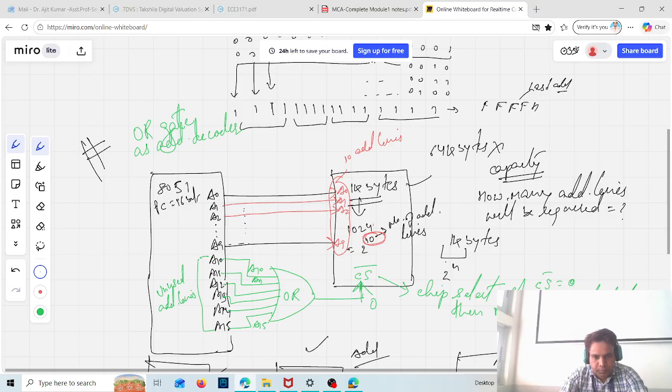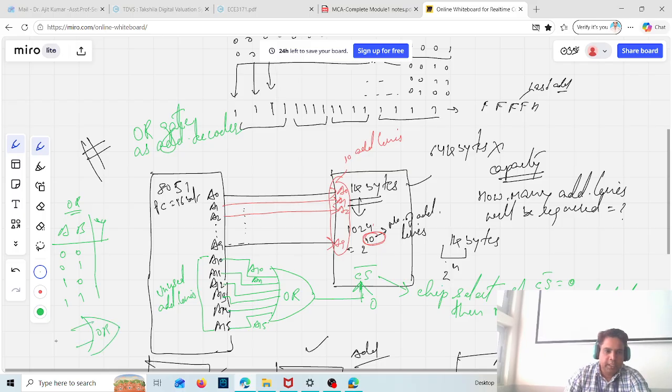Now, you know the logic of an OR gate. Suppose A and B are the inputs and Y is the output, with 0 0, 0 1, 1 0, 1 1 as the input combinations. If all the inputs are 0, the output is 0. If any one of the inputs is 1, then the output is 1.